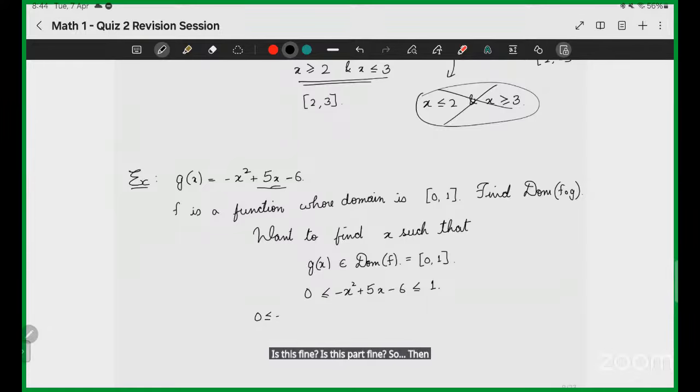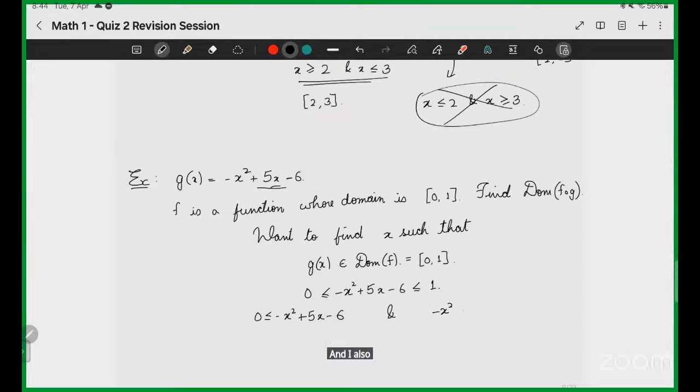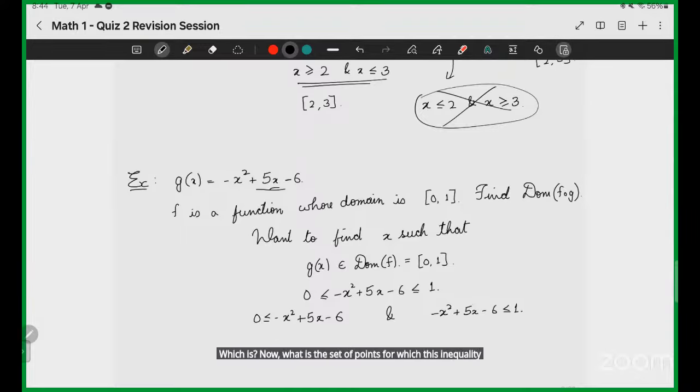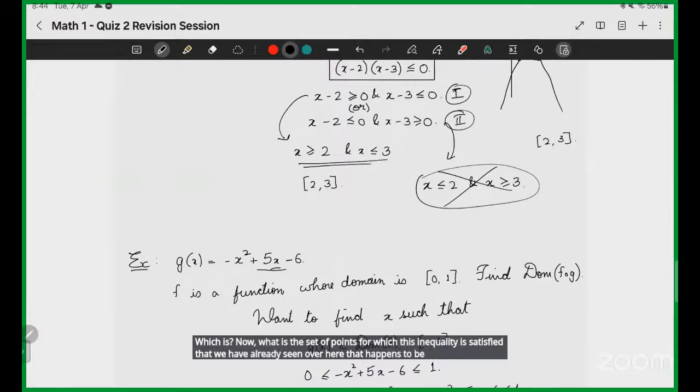Then we have two parts of the inequality. One requires that this has to happen, and I also need the other part of the inequality to be satisfied, which is this. Now, what is the set of points for which this inequality is satisfied? That we have already seen over here. That happens to be exactly 2 to 3.